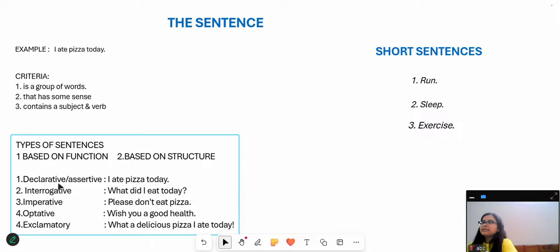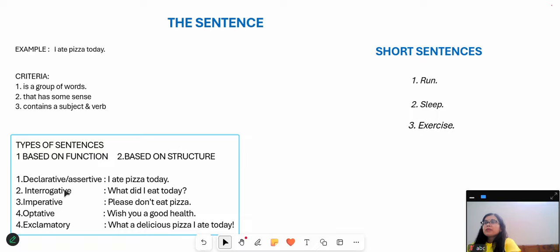On the left, you can see the type of sentences. The first type of sentence is an assertive or declarative type. अच्छा, ये declarative sentence क्या होते हैं? Simple. A declarative sentence declares something or states some information.